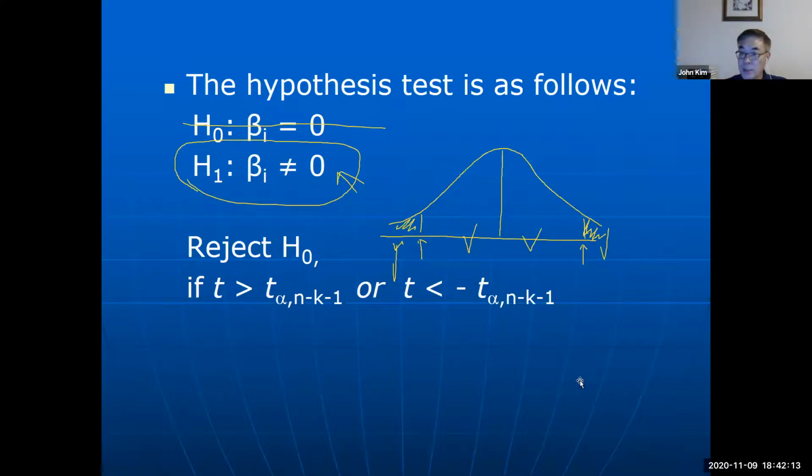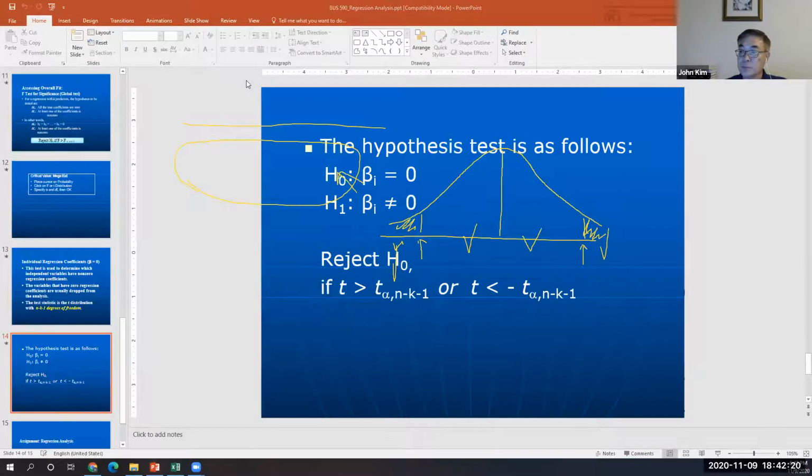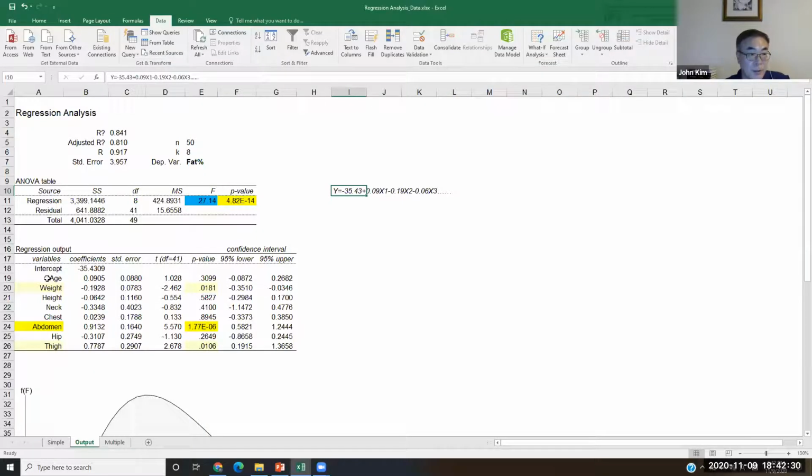Okay, let's see. Go back to the data. Okay, here for age, the X variable, the test statistic is this one, and for X2 the test statistic is this one.